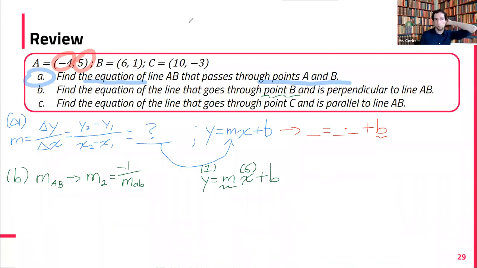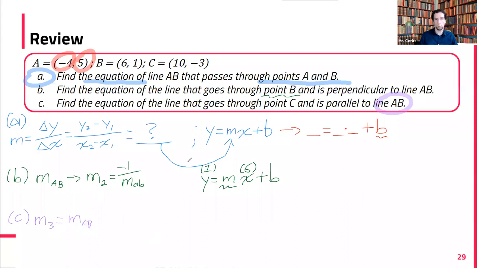Question C, parallel. What do we have to do? Parallel to AB, we have to use the same slope as AB. Parallel means same slope. So our slope, let's say m here, is equal to the slope of line AB because it's a parallel line.